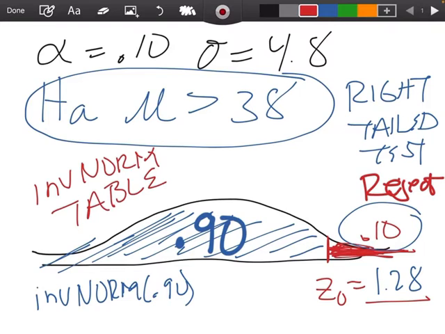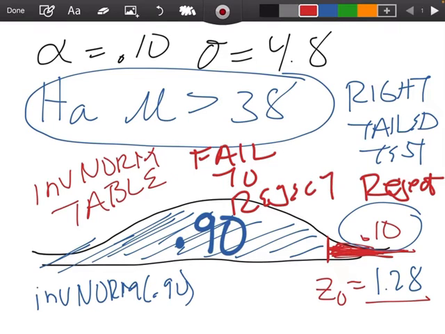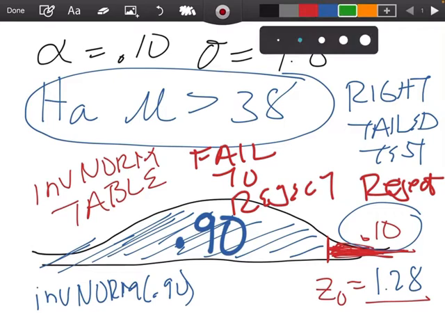Okay, now that we have that, the next thing we're going to say is, look, this here is my rejection region, and this region here is my fail to reject region, okay?